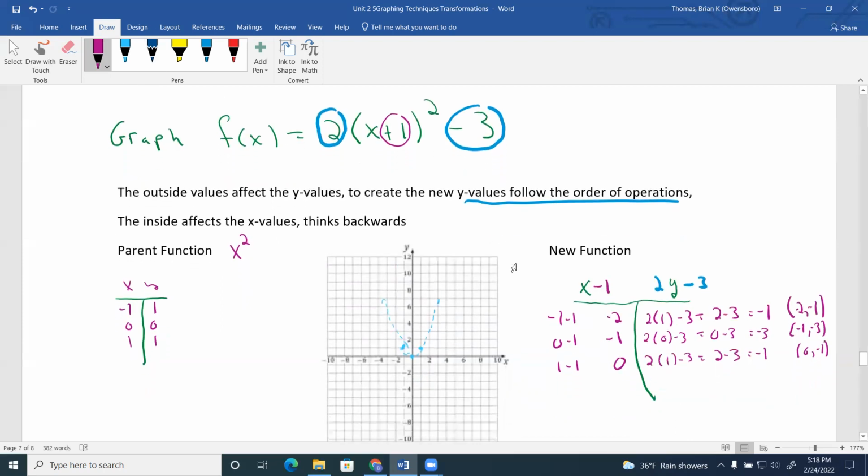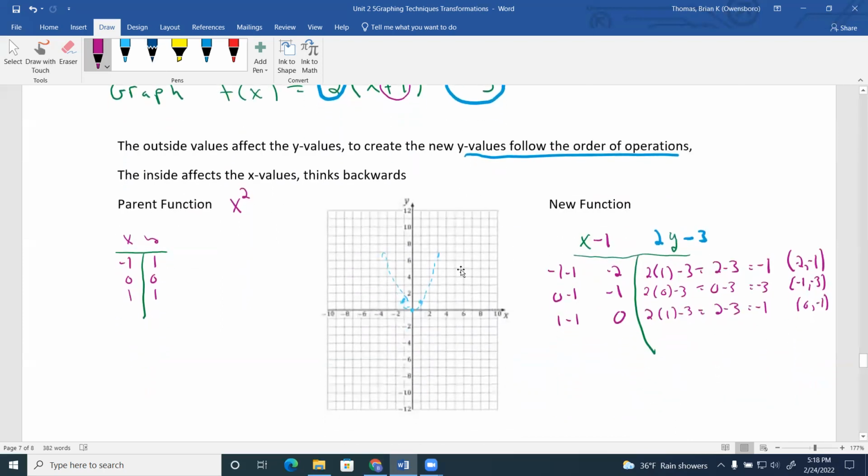So when I graph this, it should look like a parabola, but it's now going to be stretched vertically and moved as well. So I have this -2, -1 would be one of the solutions I see. -1, -3, and 0, -1.